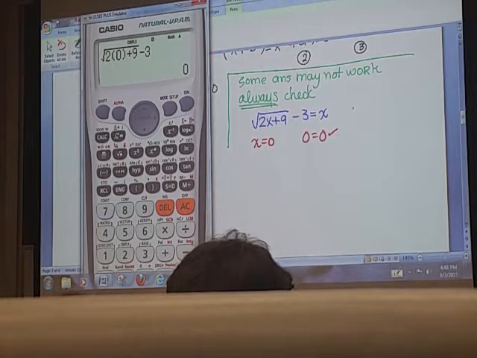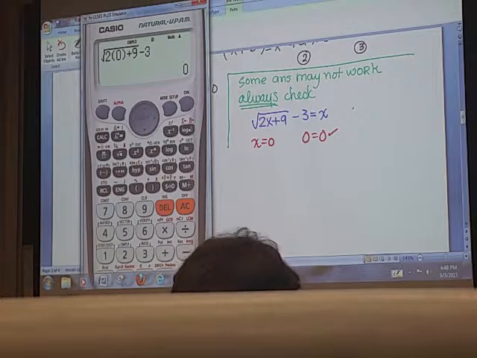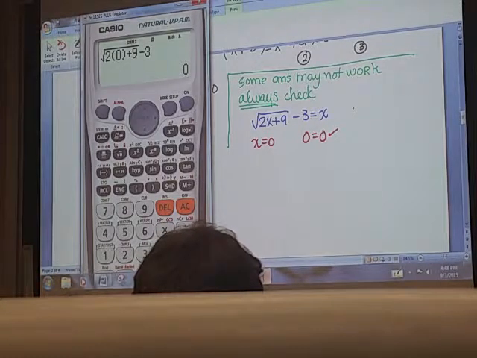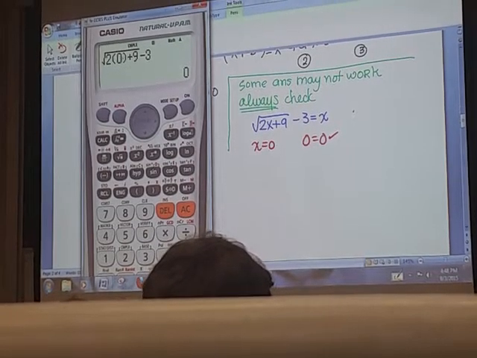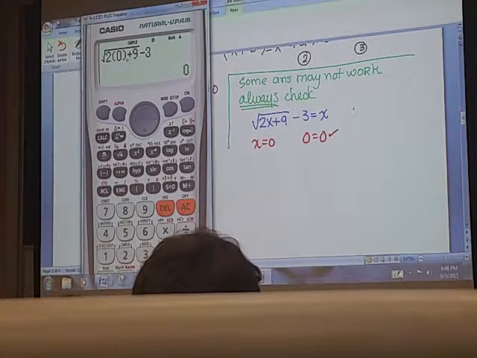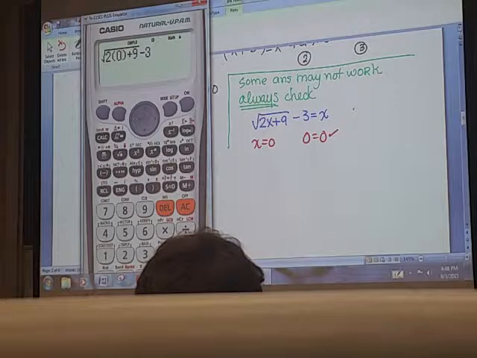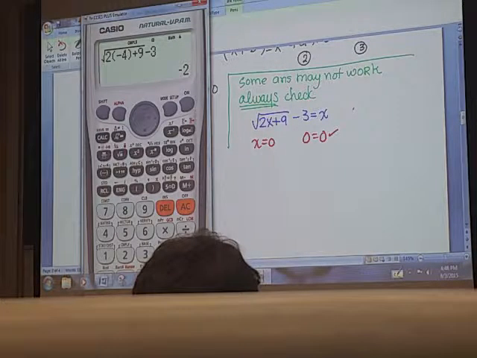And the reason I typed it in like that for my Casio is because now to check the other number, which is negative 4, I can edit that. I just go back with my arrow and take out the 0 and put in negative 4. So I don't have to type the whole thing. So this is now negative 4 and negative 2.